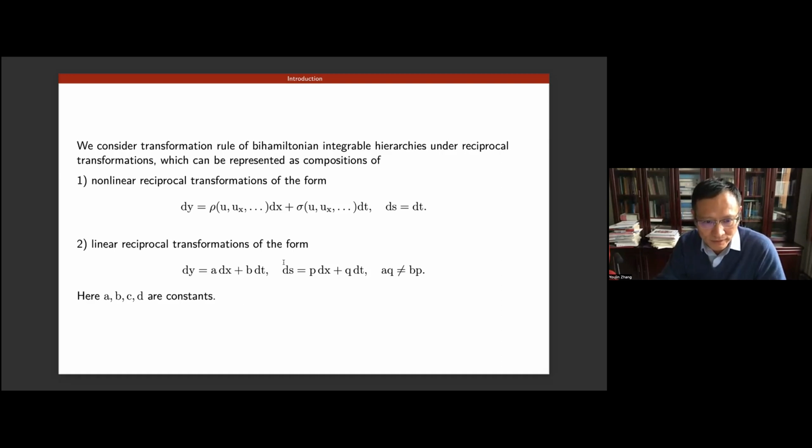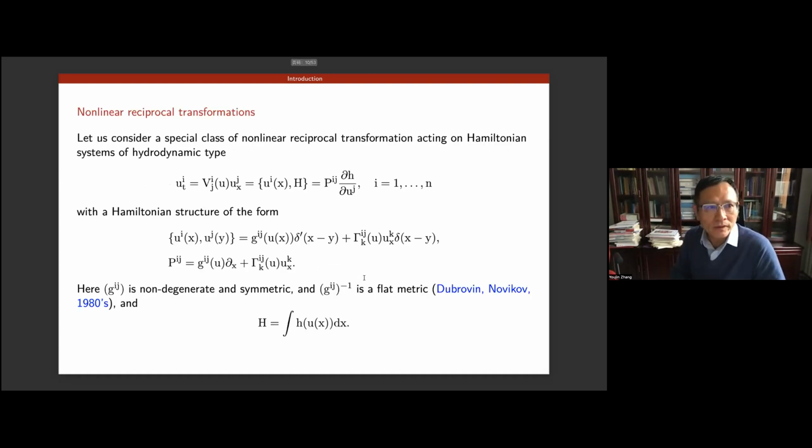This kind of reciprocal transformation we call the linear reciprocal transformations. So we first consider these nonlinear reciprocal transformations.